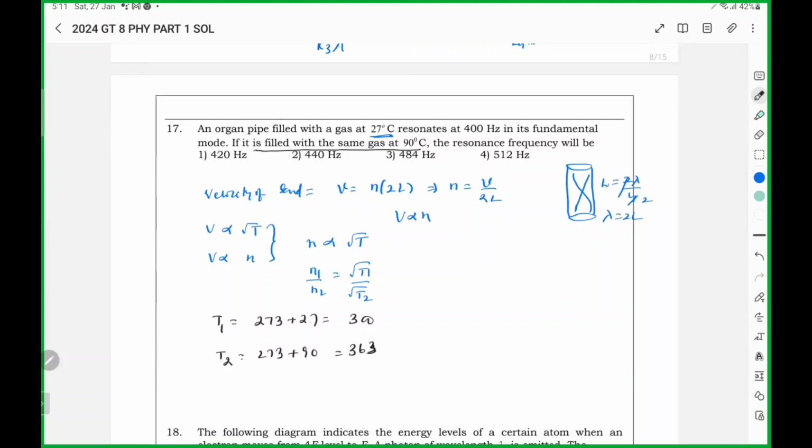Initially, resonance frequency is 400 Hz, N1 by N2 is root of 300 by 363, that is 100 by 121, which is 10 by 11. 10 gets cancelled. N2 will be 440 Hz.